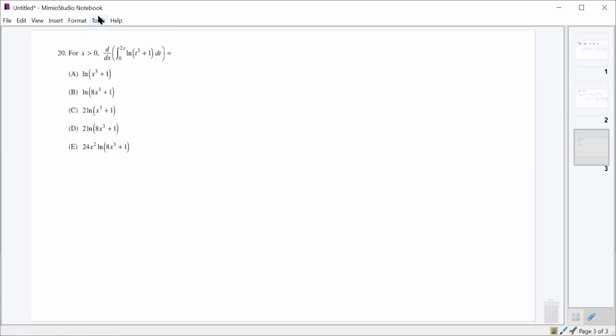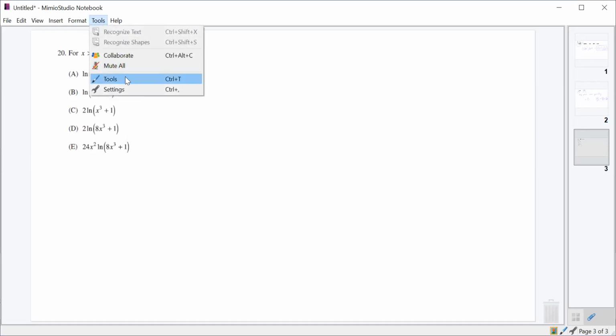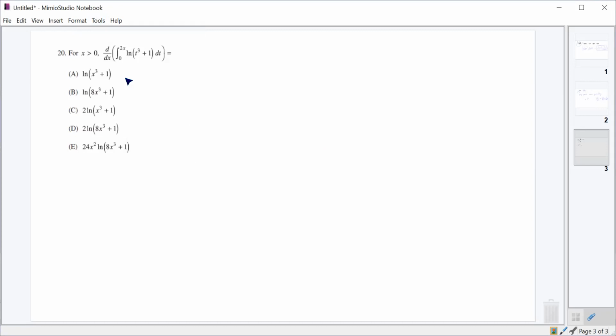Oh, cool, my toolbar disappeared again, and I can't go back to the pen. It's going really well today.